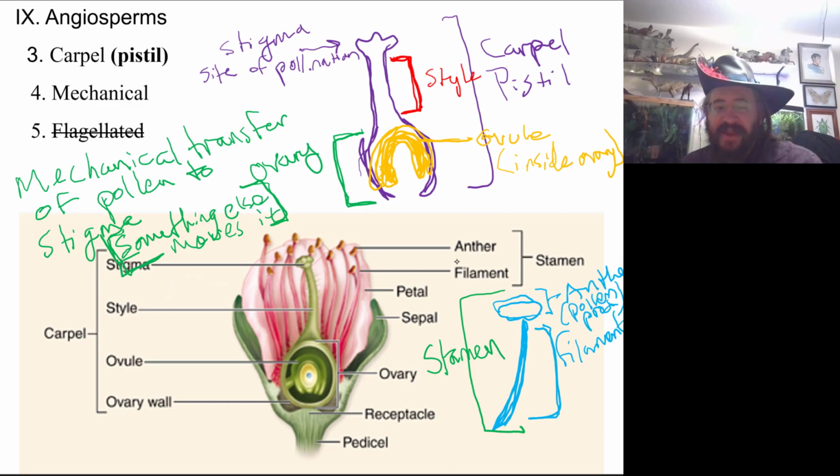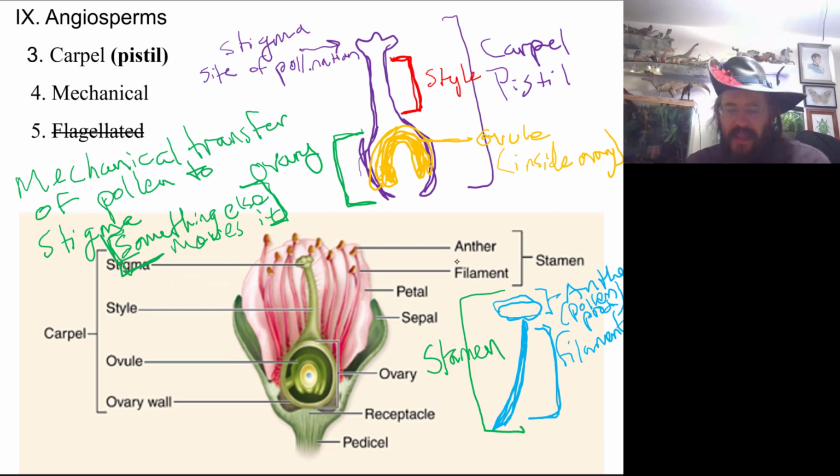A lot of times it's vice versa. When the ovule is fertile, when the egg is ready to be fertilized, the flower is not actively producing pollen. So a pollinator that arrives will only get pollen from another plant on there.